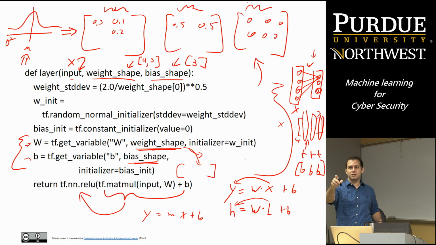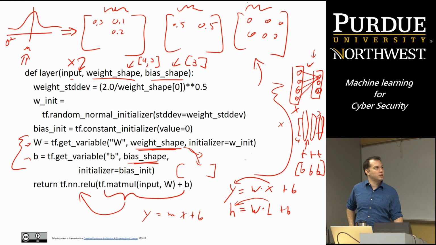And I think that was your question, right? You had this a couple of days ago. So this is how you initialize it. So how would you interpret tf.random_normal_initializer with standard deviation equal to weight standard deviation? Yeah, so some kind of normal distribution, right?